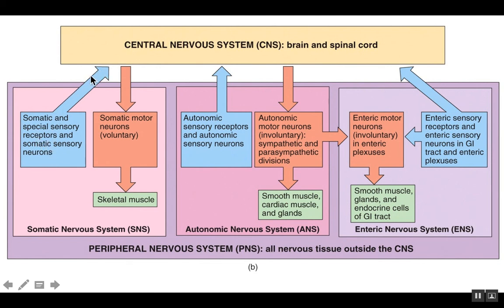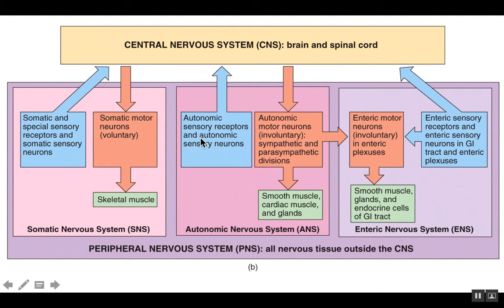It gets somatic senses, which are senses throughout your body, senses in your skin, senses in your muscle, those all go using somatic sensory neurons, but also special senses. For example, when you consciously see an object, when you hear sounds, when you taste, when you smell, those are special senses. That's part of your somatic nervous system.